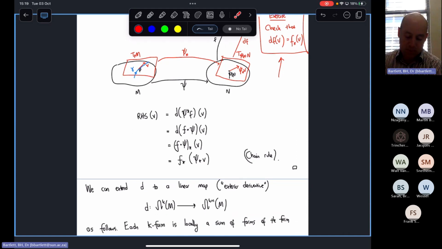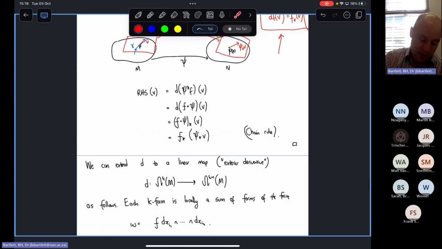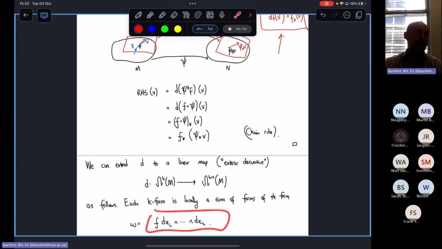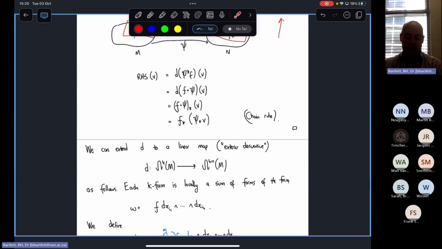Well, each K form is locally a sum of forms that look like this, right? So inside a coordinate chart, these are going to be a basis, and then I'm going to have component functions multiplying those basis vectors. Any K form locally looks like this. So I need to tell you how to apply D to a thing like this, and then I can extend it out by linearity.